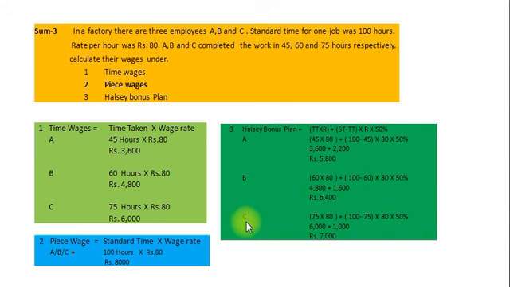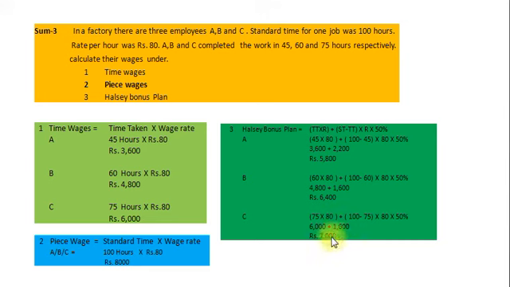And worker C, time taken 75 hours multiply 80 rupees plus time saved would be 100 hours minus 75 hours, that is standard time minus time taken, multiply 80 rupees multiply 50%. So next step 6000 plus 1000, so total earning 7000.